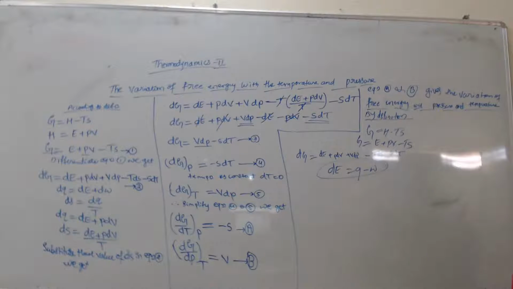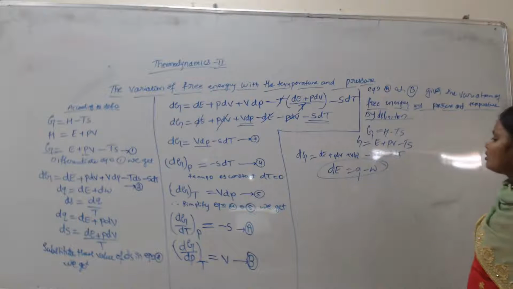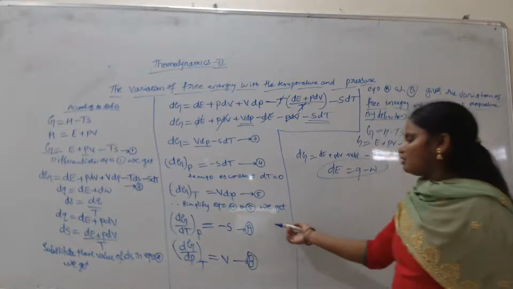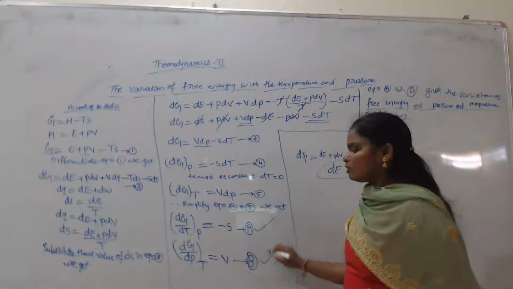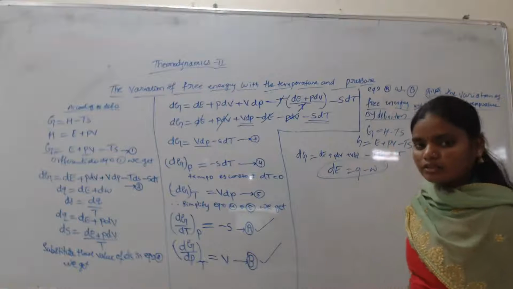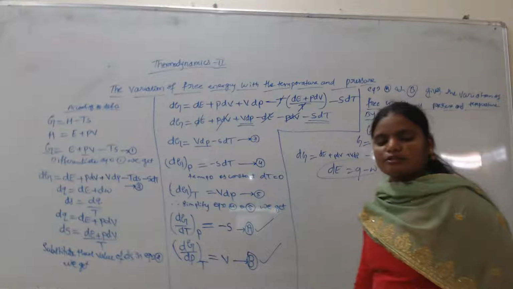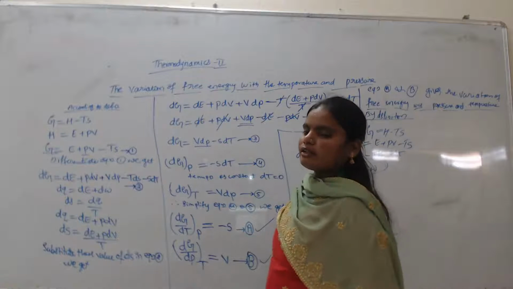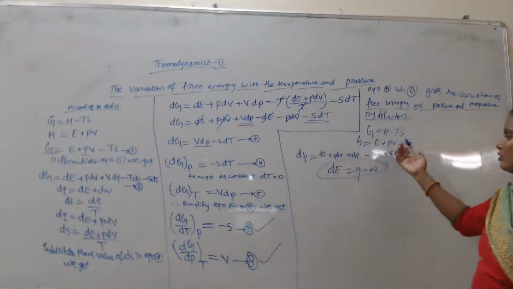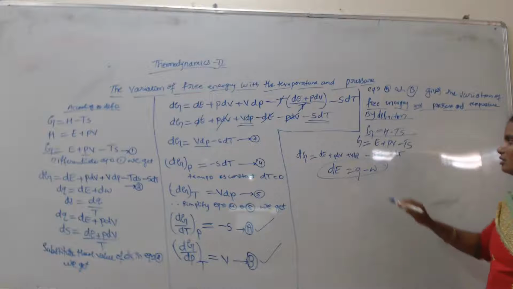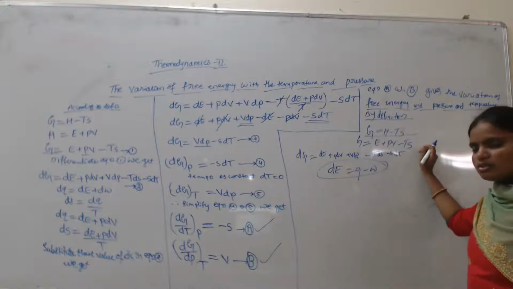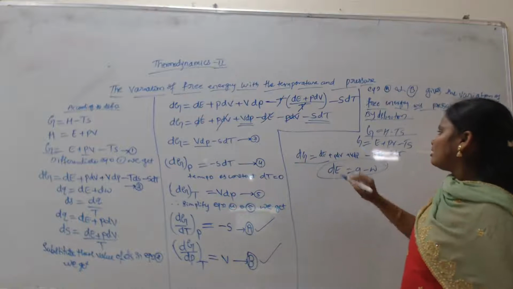Equations A and B give the variation of the free energy with respect to the pressure and temperature. According to the definition, G is equal to H minus TS, G is equal to E plus PV minus TS, and then you get the differential equation.